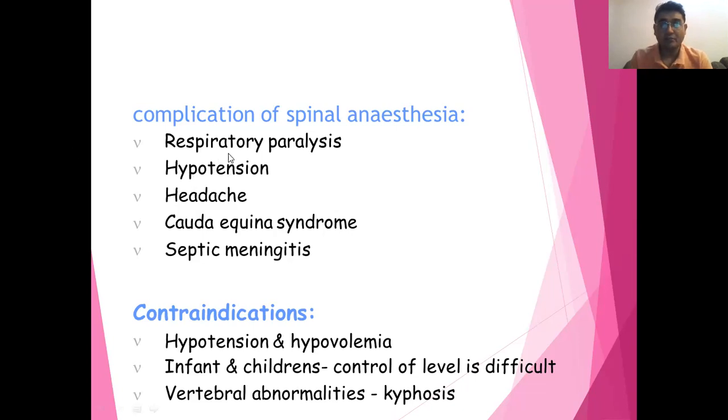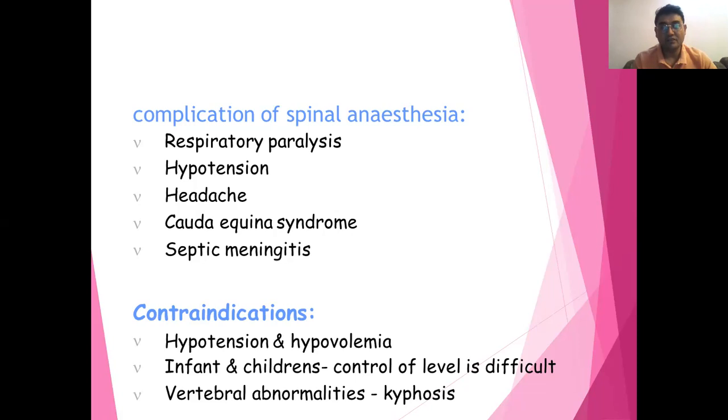Hypotension. Hypotension is because of vasodilatation in the lower extremity. That's why most of the circulation goes down to the lower extremity, and the patient will be hypotensive. Headache because of CSF leakage.